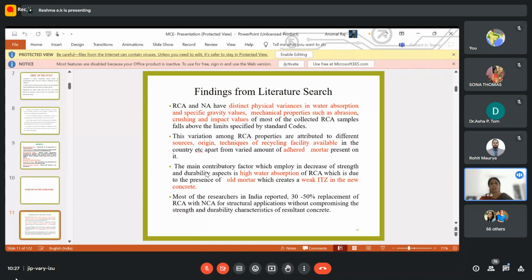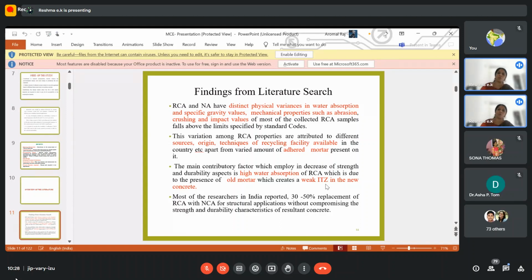Next is very high water absorption value. Somehow we can compare the mechanical properties, say abrasion and crushing, but the water absorption is very high. Another very important problem associated with recycled concrete aggregate is ITZ.